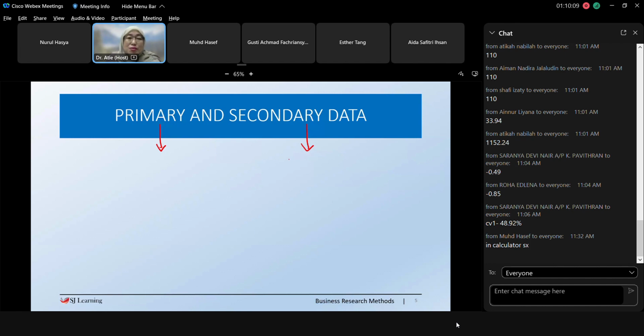You are not the one who collected the data, but you use other people's data for your data analysis. So this one is your own, and this one is others'. You need to understand that when you write chapter 3 in your FYP, you need to tell your examiner and your readers whether the data you are using for your analysis is primary data or secondary data.